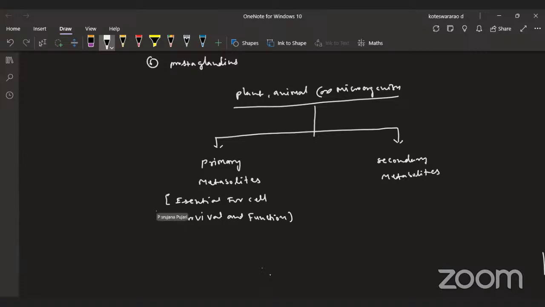Next, secondary metabolites. These are not essential, and in most cases they are byproducts of metabolism, but they are useful for the survival of the cell.